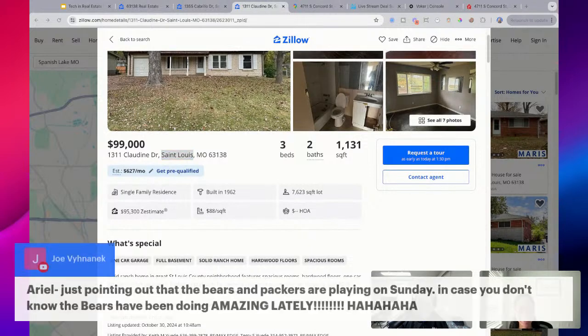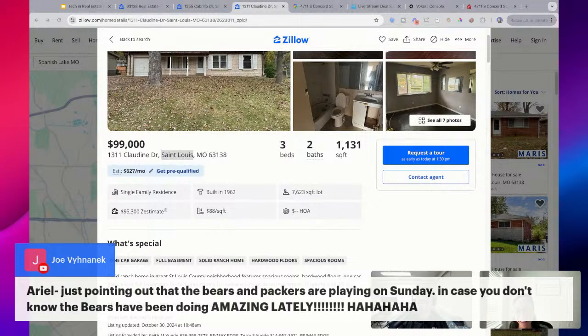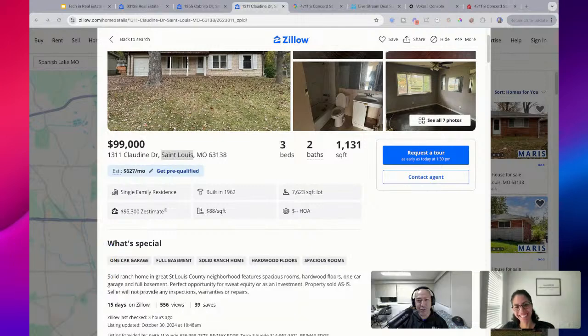And Joe has a great comment here. Ah, he's back. I tried to block him, but... Joe, I'm not even going to read what he wrote, Bears and Packers. As you can tell, Joe is in Wisconsin, so he's a Packers fan, and I am unfortunately a Bears fan still.